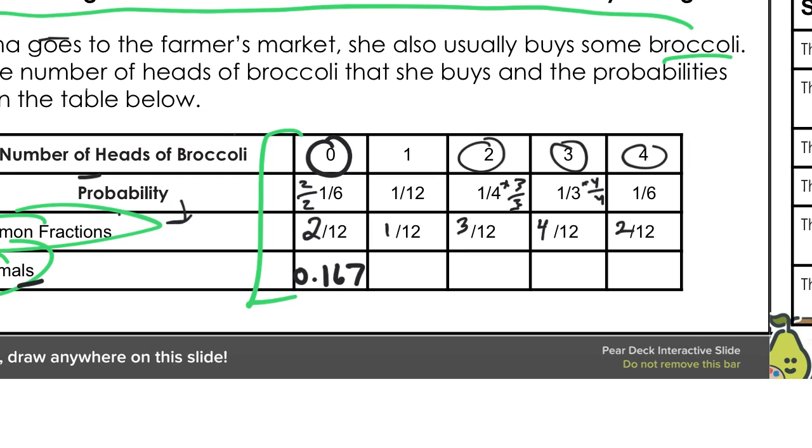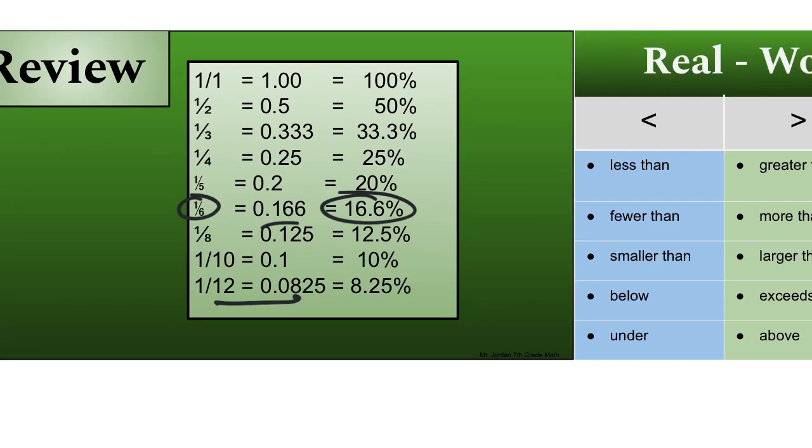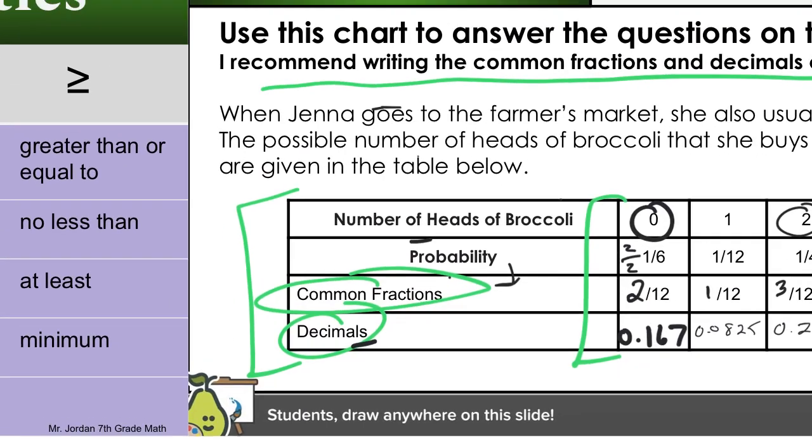I'm going to write that a little bit smaller, 0.0825. 1/4, we know, is 0.25. You can look on the chart as well. 1/3 is 0.33. 1/6 we saw is 0.167. And again, all of those are on here from 1/3, 1/4, 1/6, and 1/12.